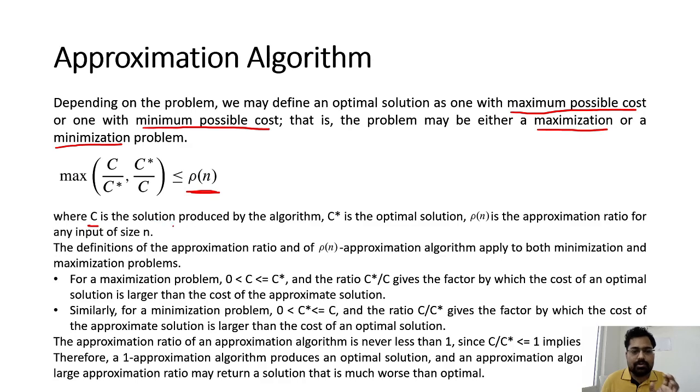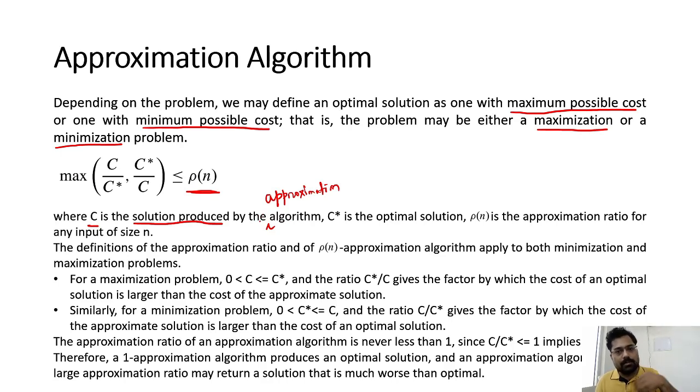C is the cost produced by the algorithm, which is the approximation algorithm you have taken. Okay, this is the cost generated by the approximation algorithm. Don't worry, because this is an introduction.